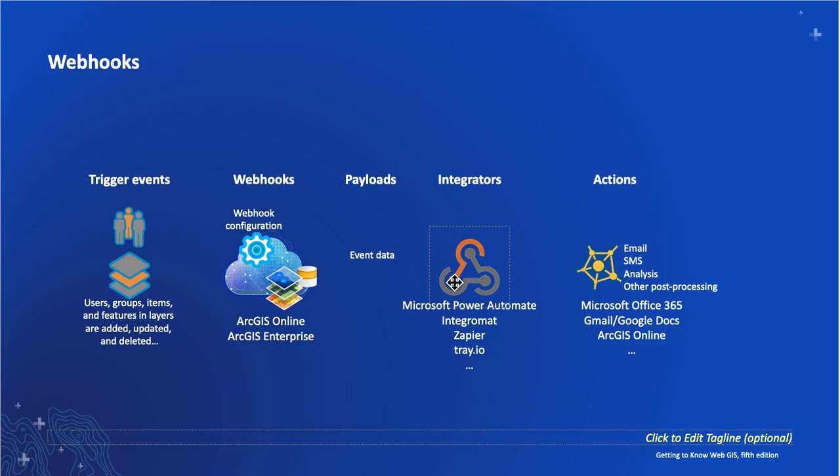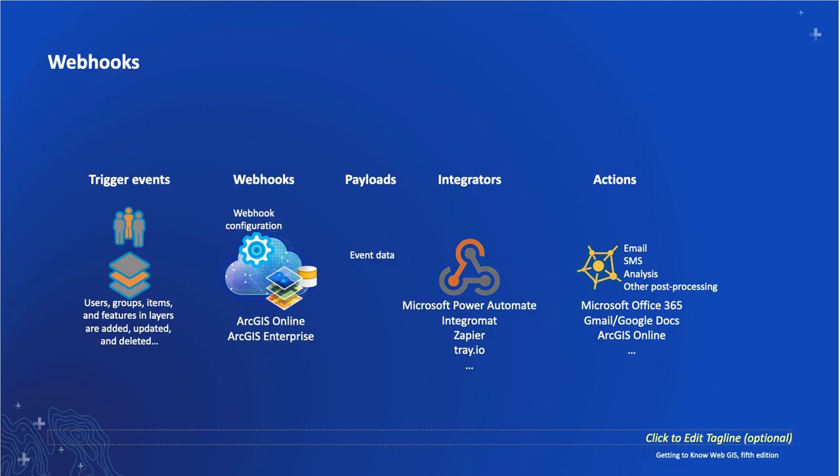And then our integrators are Microsoft Power Automate or Zapier. And finally, our actions. An action means something that the webhook does or further invokes. So you may get a notification through email or SMS messages about the trigger event of what occurred.